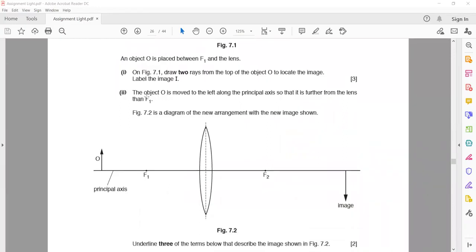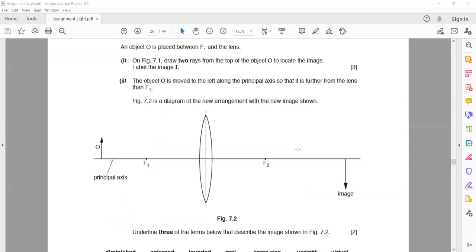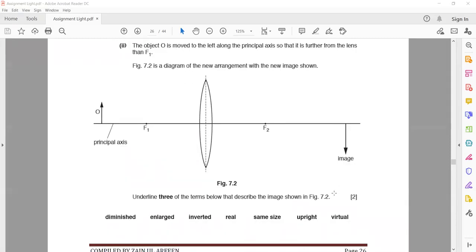In the next question, the object O moves to the left of F1. Figure 7.2 is a diagram for the new arrangement. Underline three terms to describe this image now in 7.2. What are the three terms which we should underline?